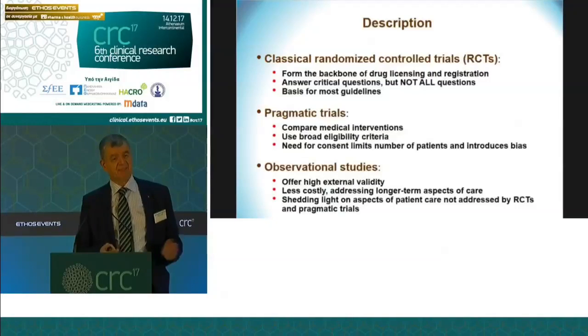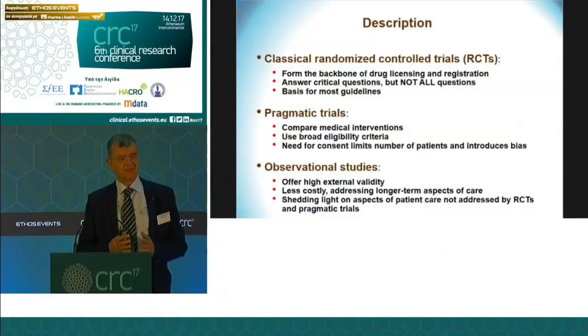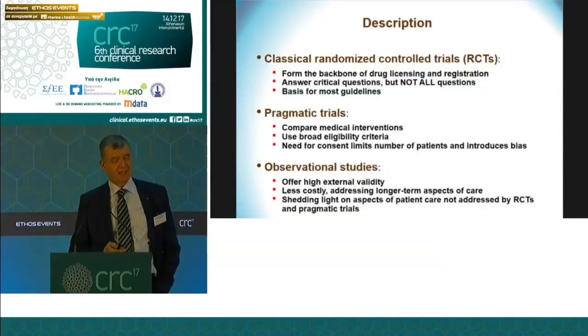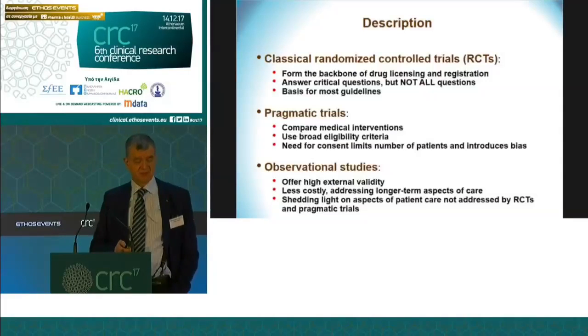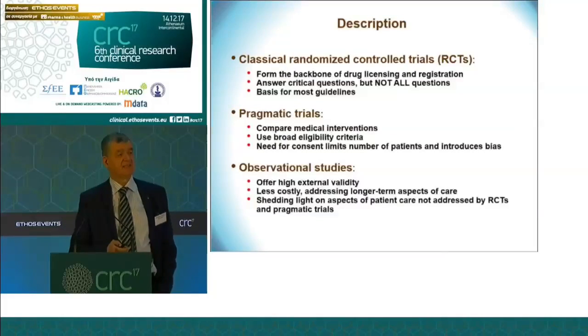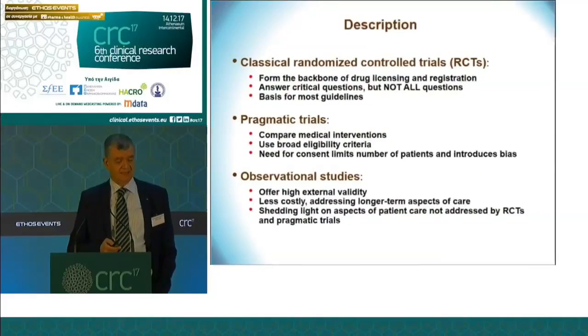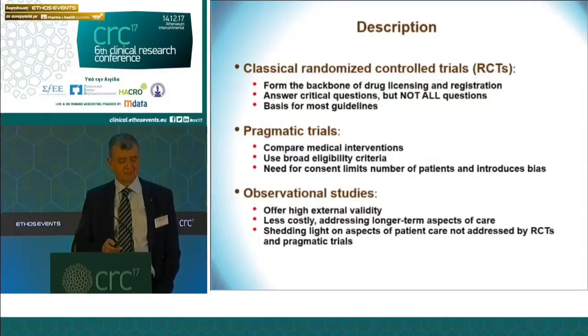The pragmatic trials are some sort of in between classical and observational studies. They are a subtype of randomized control trials. They compare medical interventions, use broader eligibility criteria for patients, and they need consent, limit numbers of patients and introduce some bias, therefore.